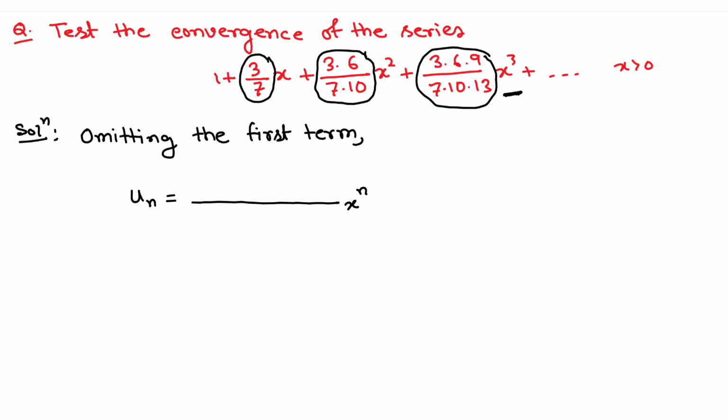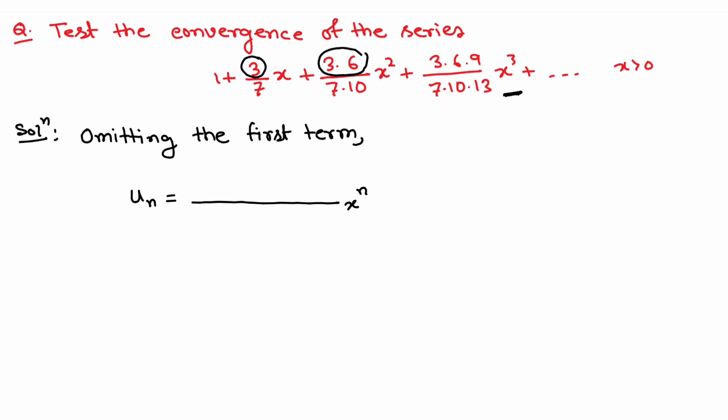Clear? Now first let's write the numerator. First term, n equals 1, 3; n equals 2, 3 into 6. First term is 3, we can write 3 into 1.